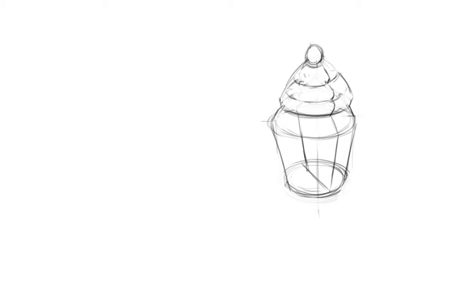Okay, and now I'm going to do a transverse section, which is going to be at a 90-degree angle here. This one has a lot of transverse sections already put in place. Like this is essentially a transverse section. This is another transverse section.